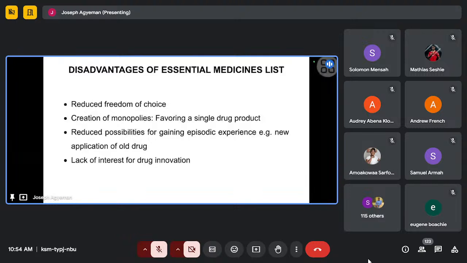It also reduces possibilities for gaining episodic experience, for example, new applications of old drugs. At times, you realize that, for example, chloramphenicol in those days was used for typhoid. Now you are using the newer agents, the macrolides, the fluoroquinolones, and the cephalosporins, and they are not working.